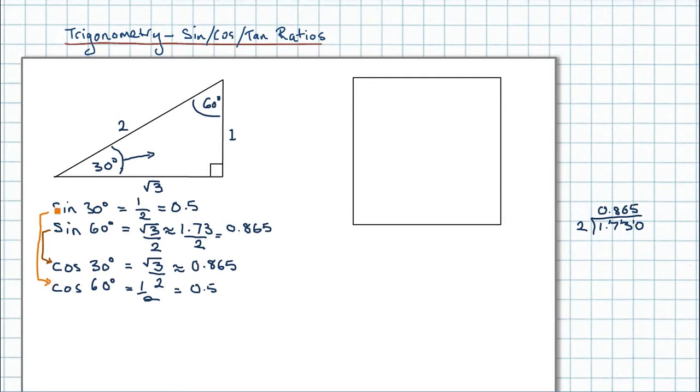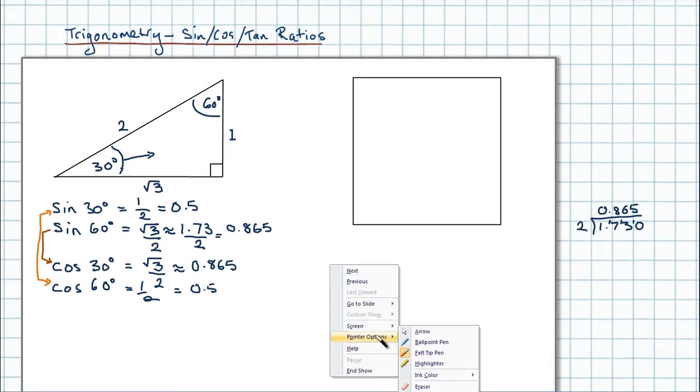The sine of 30 degrees equals the cosine of 60 degrees, just as the sine of 60 degrees equals the cosine of 30. And this is really useful because if we're going to remember some of this, it's going to give us less to remember. Okay?